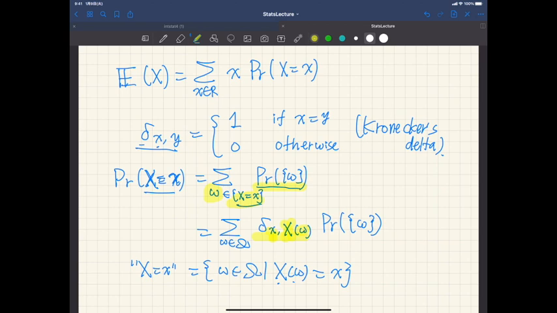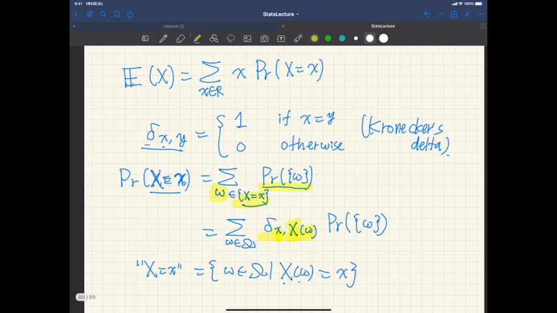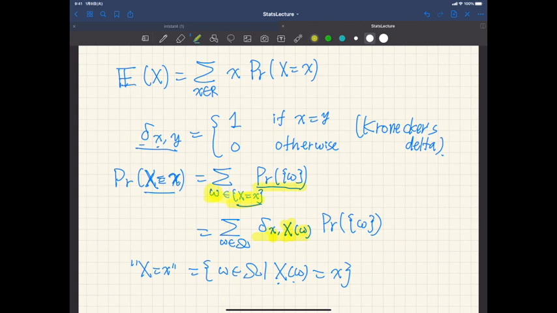That means when omega is in this subset, this is 1. Otherwise, it's 0. So these two summations are calculating basically the same thing. This sums over the entire omega, but this delta is 0 outside of this subset. So they are the same thing.